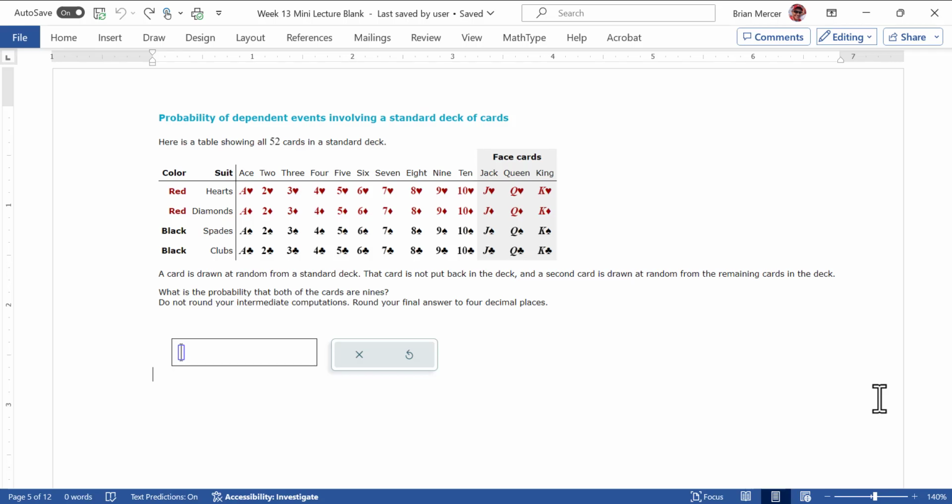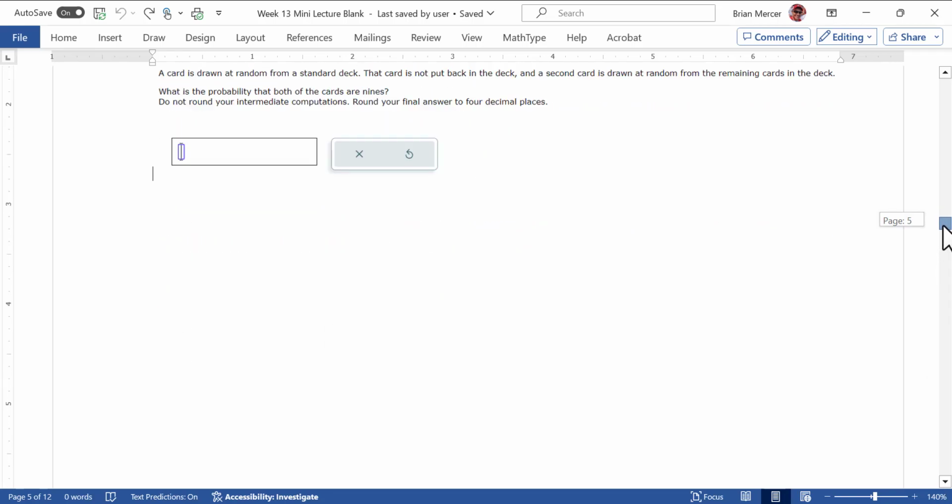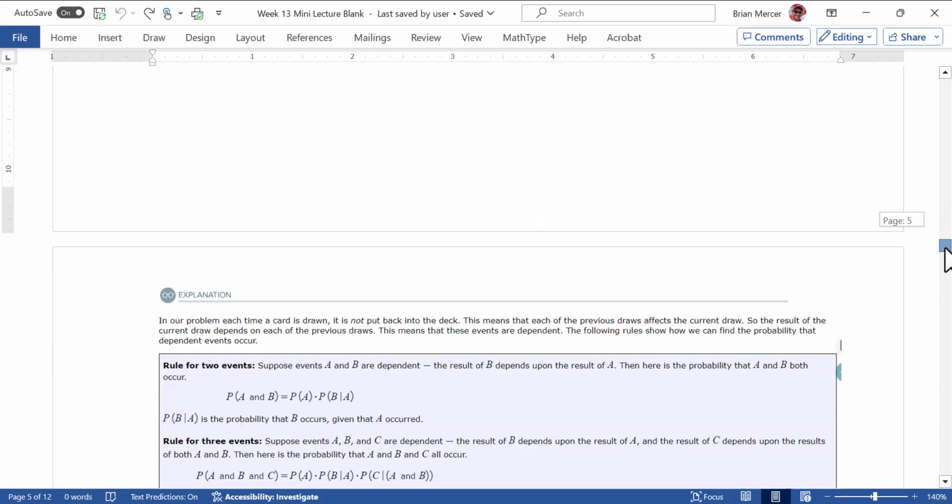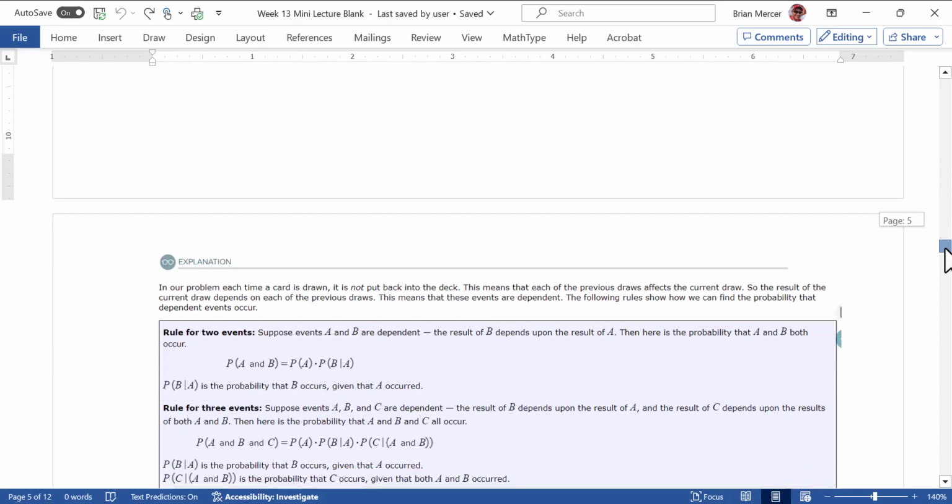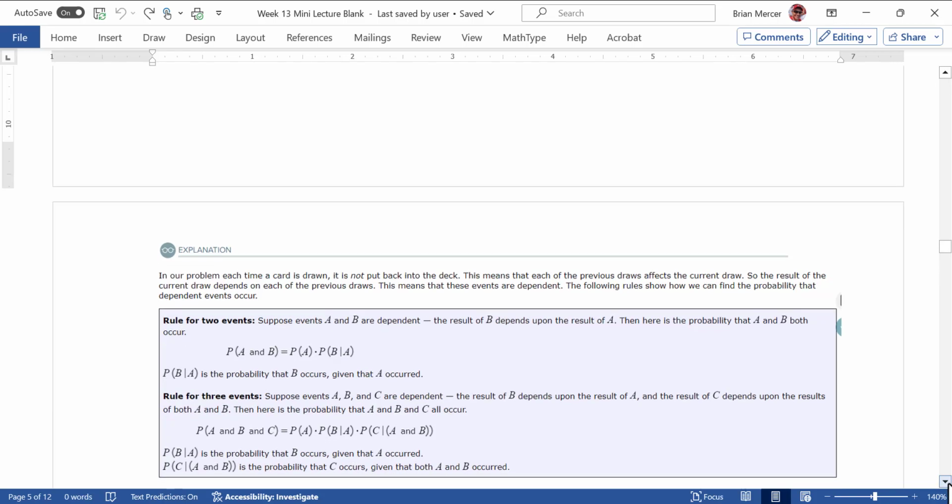So for this question, rather than rewrite this table, when you click explain, I'm just going to show you part of it, which shows you about what we call probability with dependent events, sometimes called conditional probability. This tells us the probability of A and B, if A and B are dependent events.